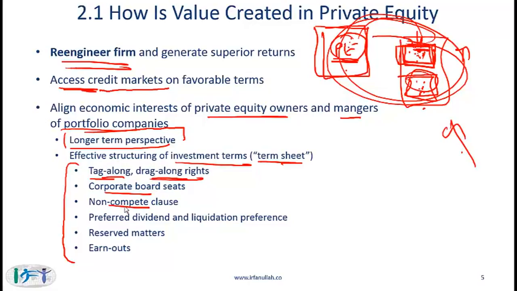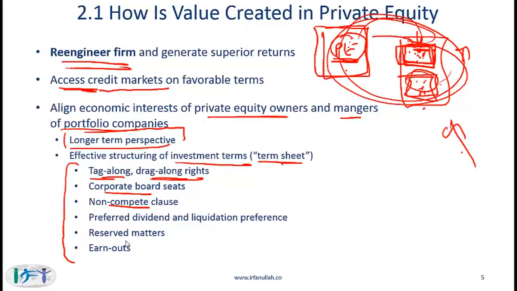Non-compete clause. Very often there are clauses which say that the managers over here, if they leave, they cannot engage in any competing business. This next point, preferred dividend and liquidation preference. Private equity firms generally come first when distributions take place. Distributions being if a fund is sold or if cash is generated and is returned, then generally the way things are set up is that the private equity firm gets money first. Reserved matters.